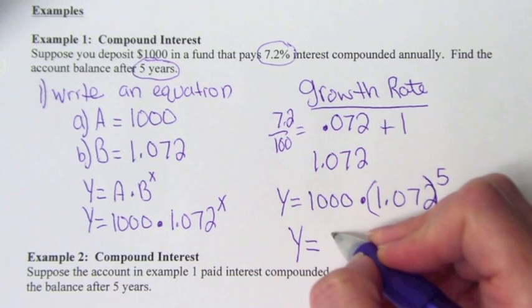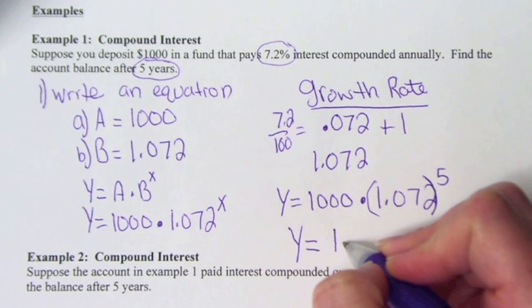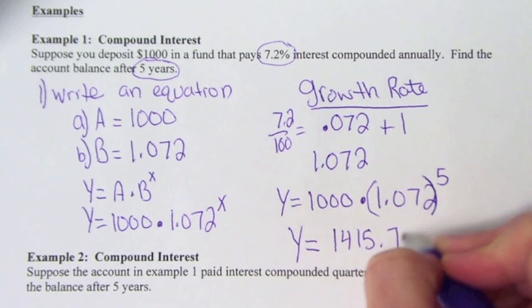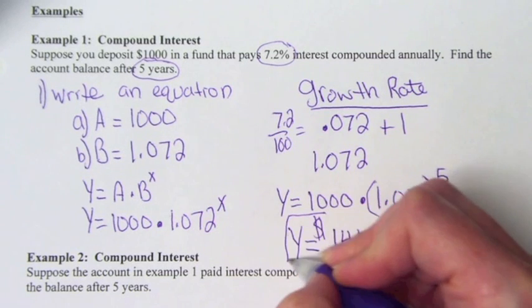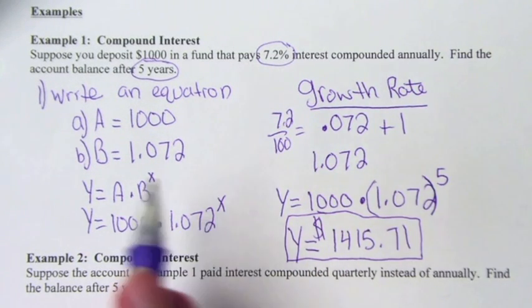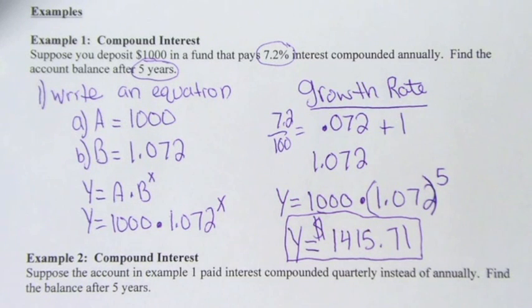So it's 1,415.71. That means after 5 years compounding annually at 7.2%, your account will go from $1,000 to $1,415.71. That's all you do on that.